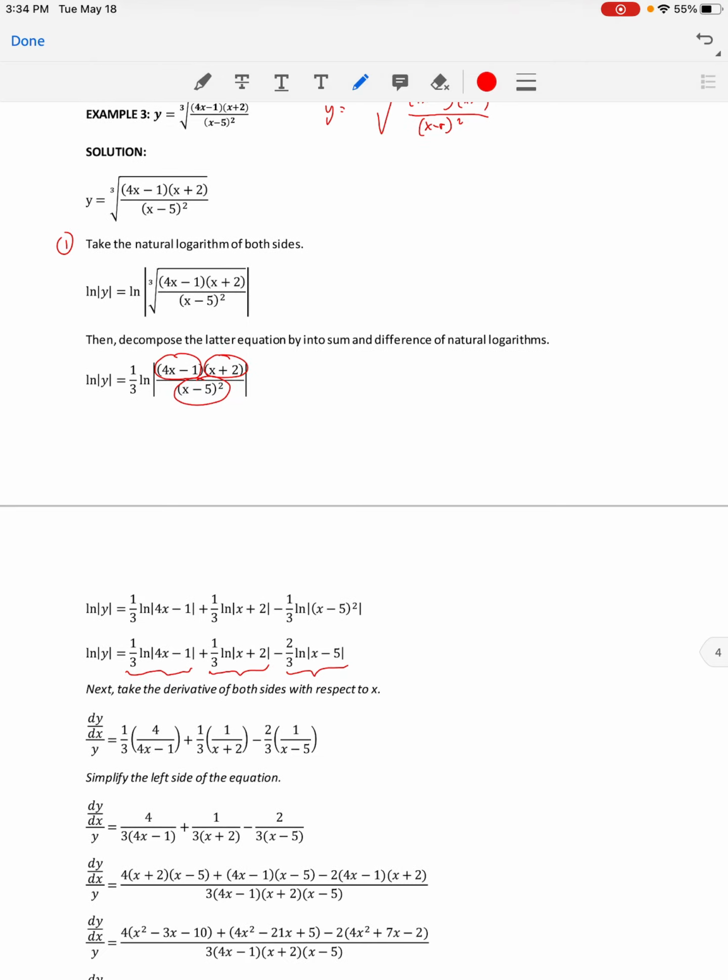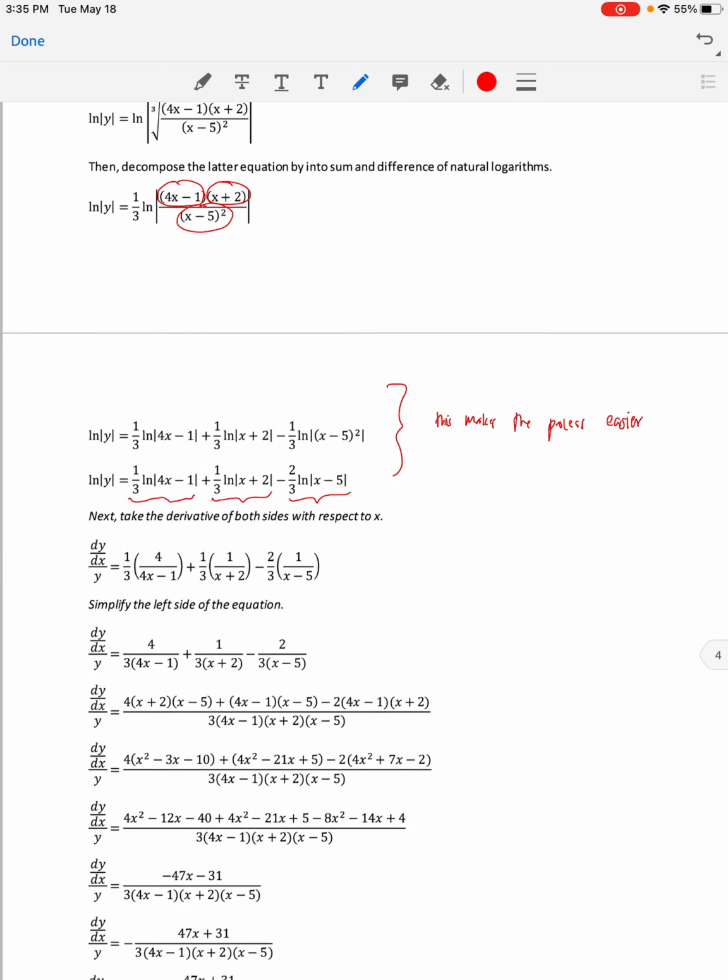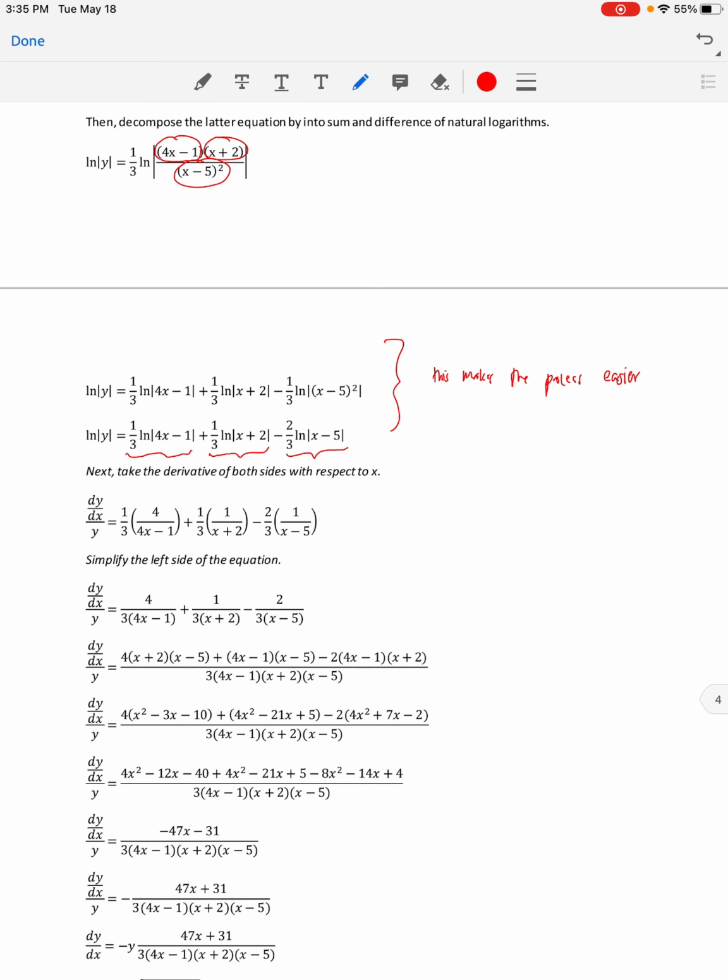Mao siya diri ang magic, class, nga nakapasimplify. This makes the process easier. Kay ang properties, mas fluid man ang properties sa logarithms than any other, so we need to take advantage of that. Mao siya ang tumong aning lesson.